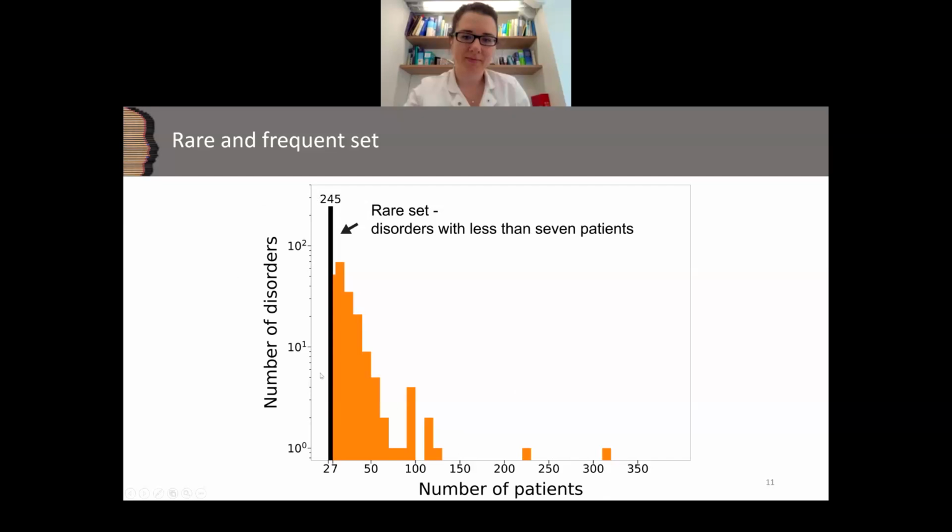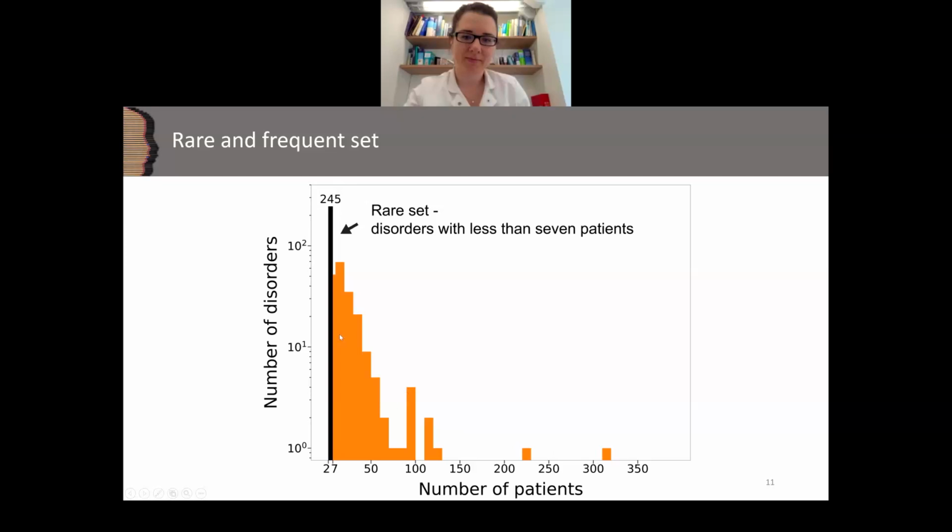The y-axis is how many disorders have this number of patients. On the very right-hand side, there is one disorder with more than 300 patients, and another with around 200 to 250 patients. Most of the disorders are squeezed on the left-hand side, with fewer than 50 or even fewer than 10 patients.